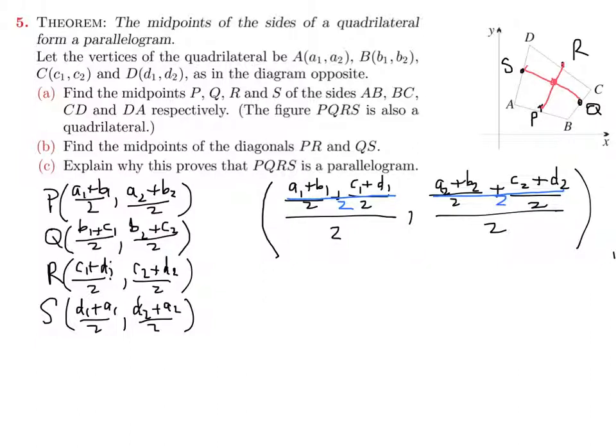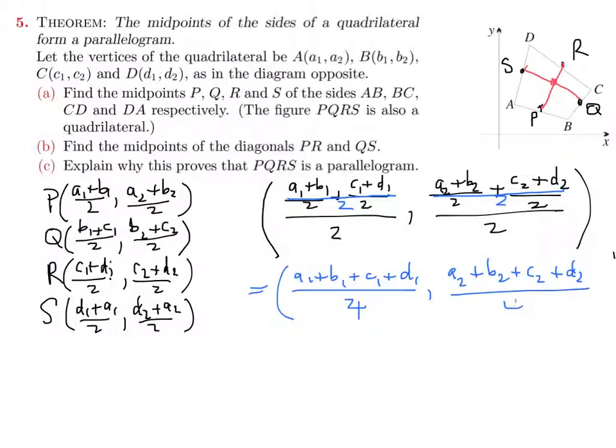So this turns into (A1 plus B1 plus C1 plus D1 over 4, A2 plus B2 plus C2 plus D2 over 4). Because if you divide by 2 and divide by 2 again, you're going to be dividing by 4. So that's the midpoint of PR.